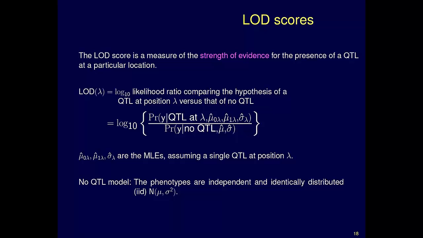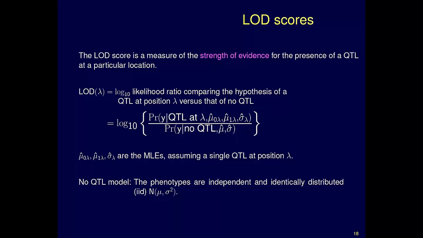For interval mapping, I first calculate all these genotype probabilities everywhere in the genome for all individuals. Then I consider each putative QTL location one at a time, apply this EM algorithm to get estimates of QTL effects, and plug them into this formula to calculate the LOD score.